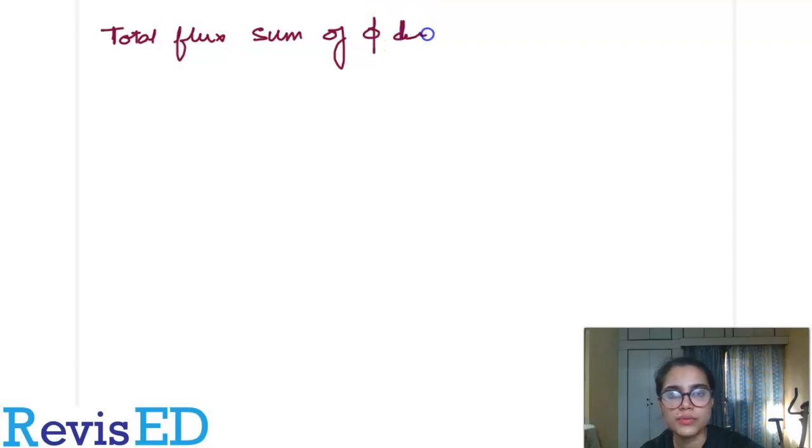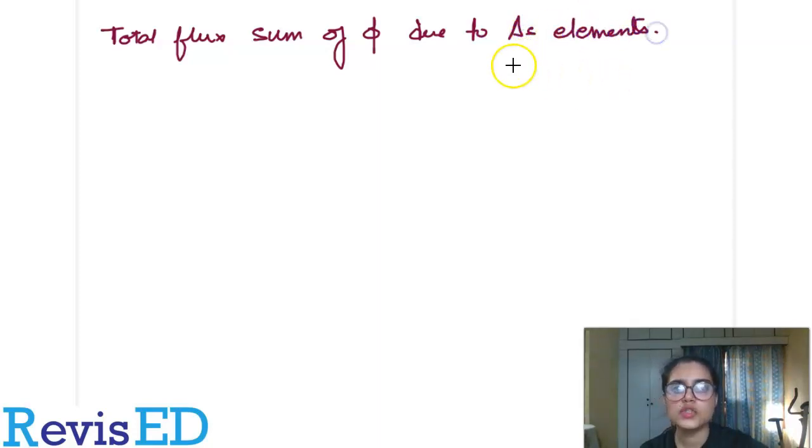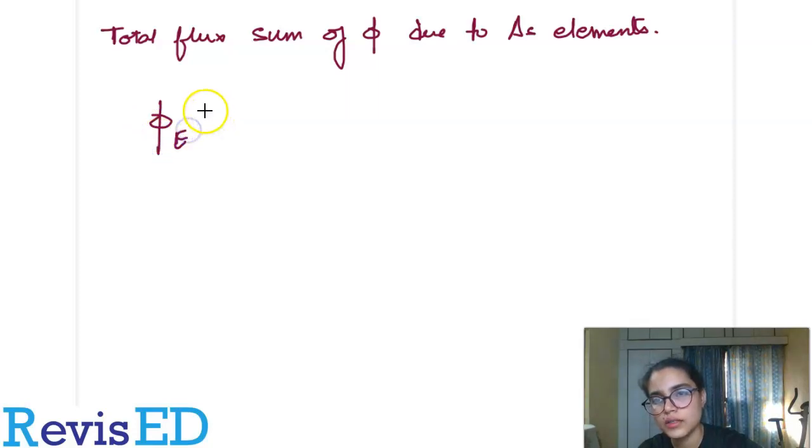What we have talked about are small area elements delta S, and for each small area element we find the small electric flux, which is phi. So for the entire body, the flux is defined as the summation of all the small fluxes. This is the entire flux.